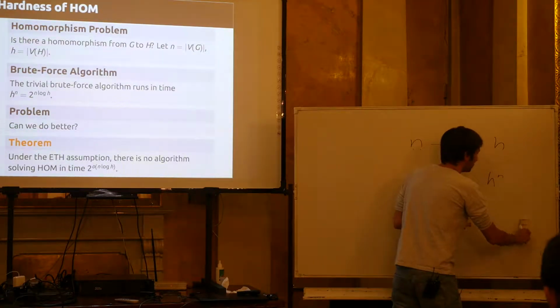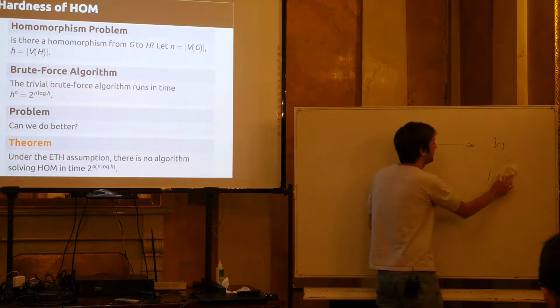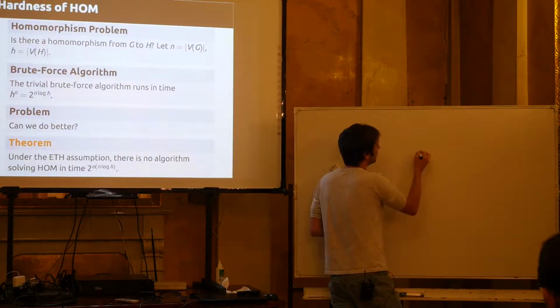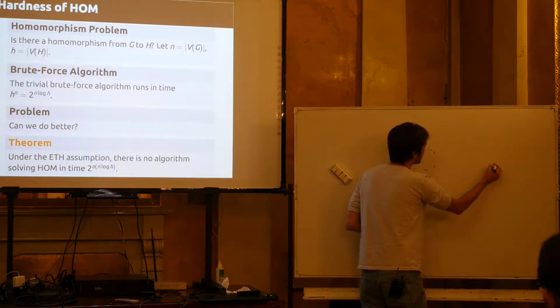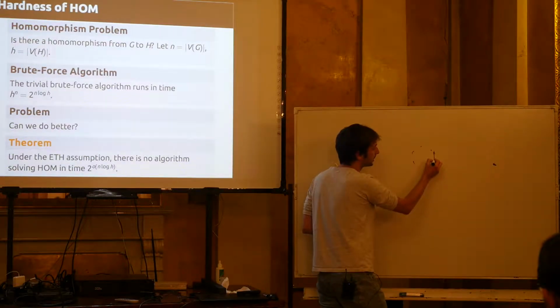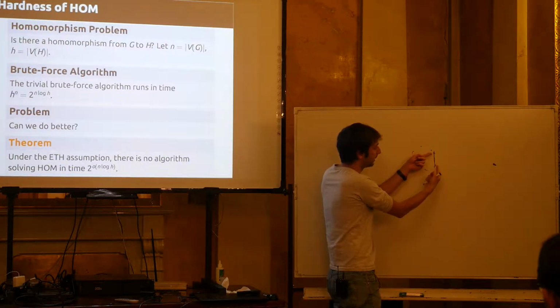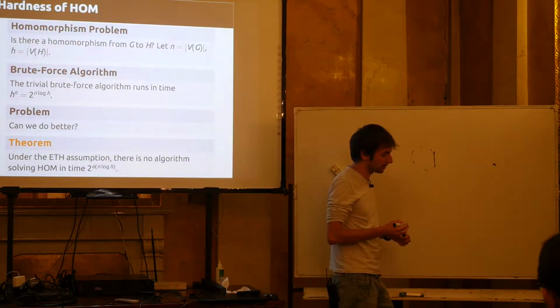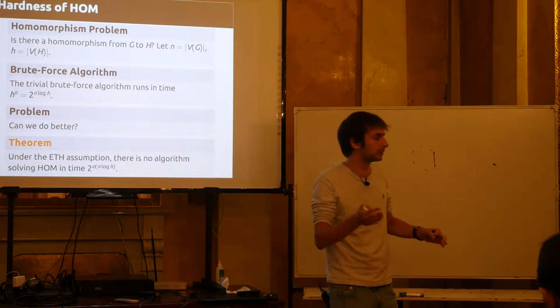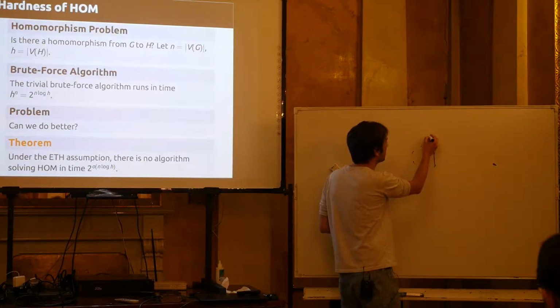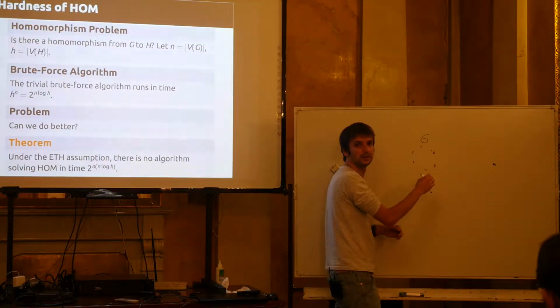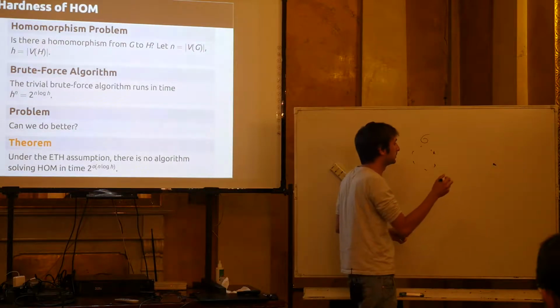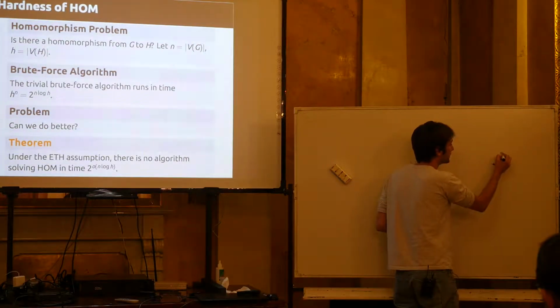When H is 1, you want to map a graph to one vertex. You cannot map an edge to one vertex, because an edge must be mapped to an edge. So there is a homomorphism to a graph of size 1 if and only if your graph on the left-hand side is empty. What about a homomorphism to a graph on 2 vertices?